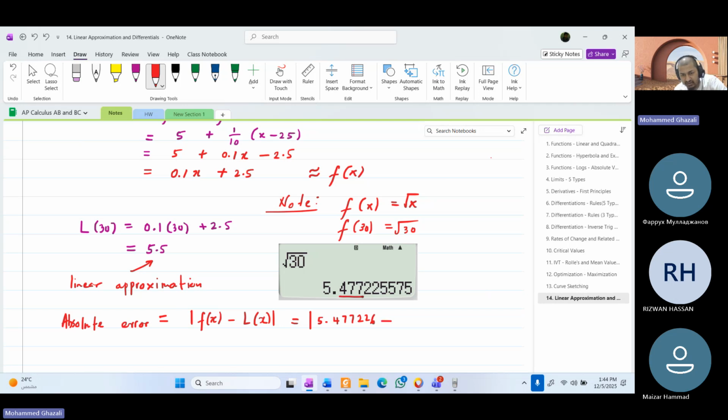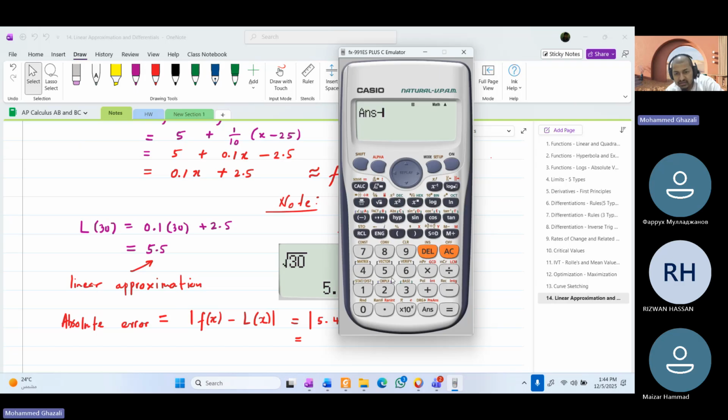I'm just taking 6 significant figures. We will get negative, we'll get 0.02277.